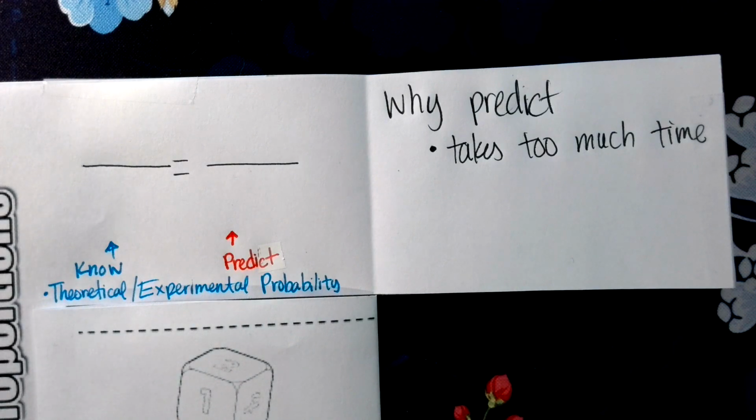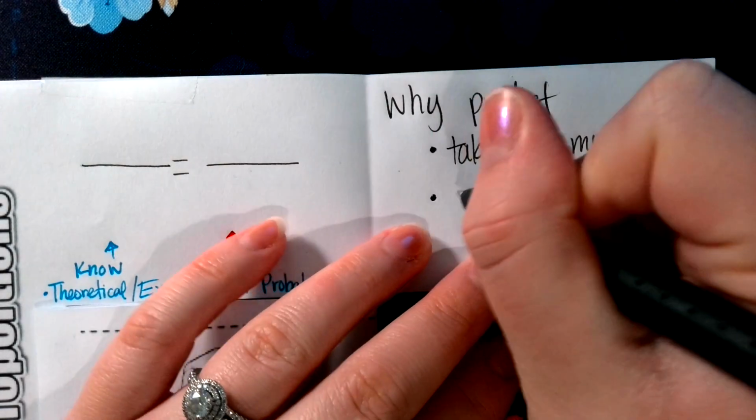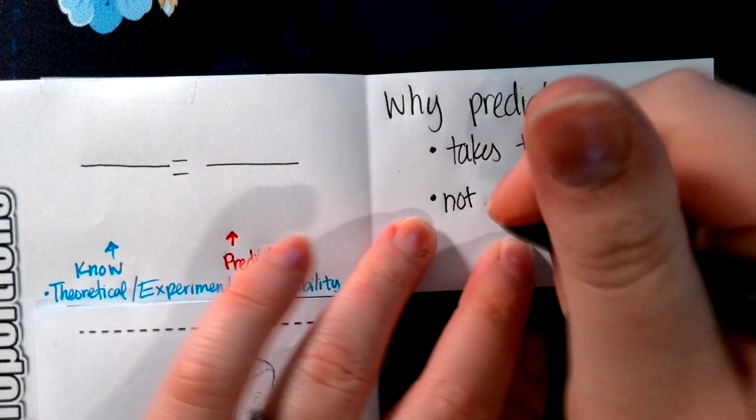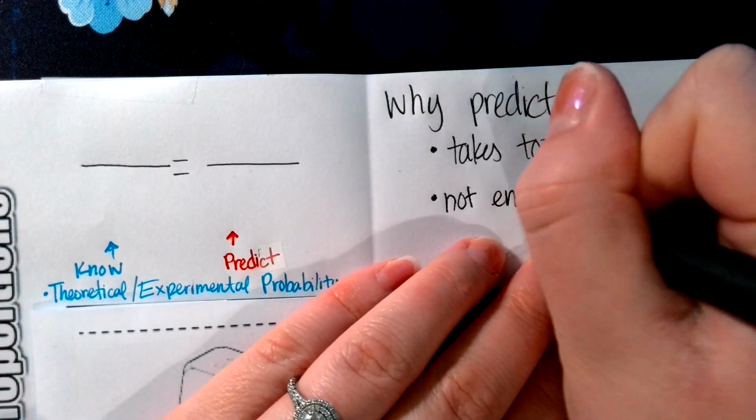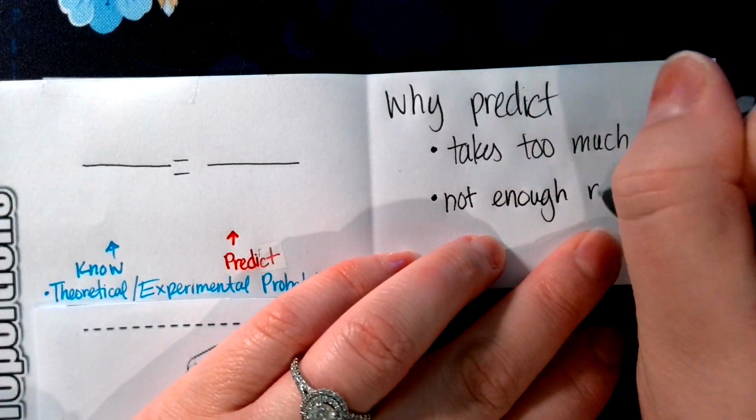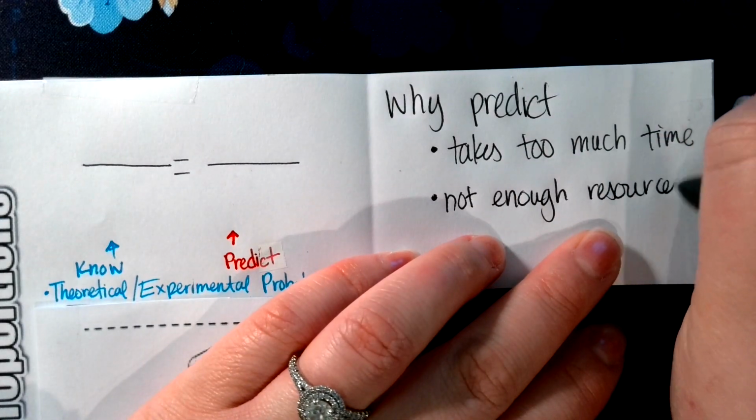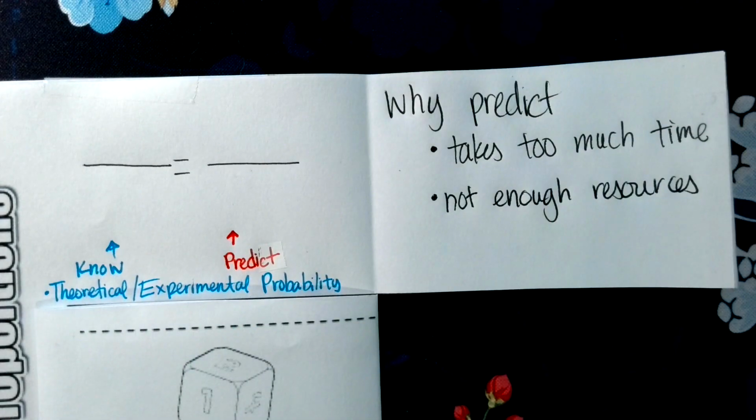Sometimes we predict because we don't have enough resources. Maybe we don't have enough people to go out and do a survey of the whole United States, so we'll just survey some people in our state. Might not have enough money for it, and yeah.